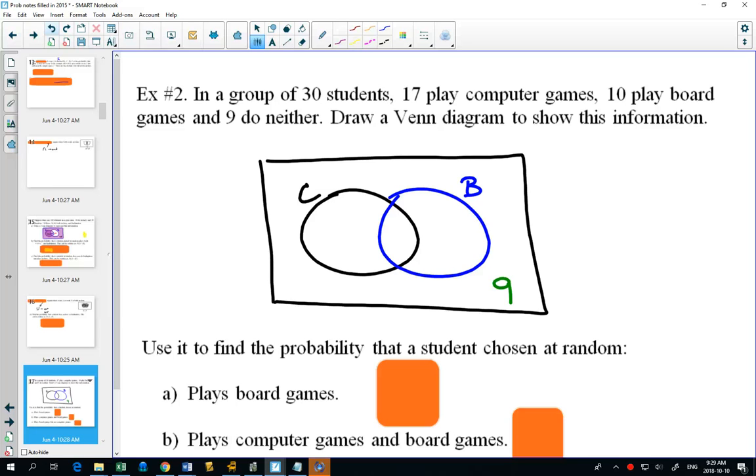Someone tell me what number they figured out next and how they figured it out. 6. So where would you put the 6? The 6 in the middle. So he's saying that he figured out the 6 next. How did you figure out the 6 next?